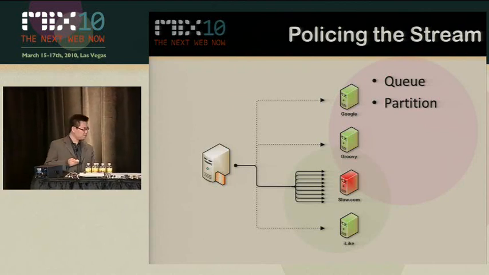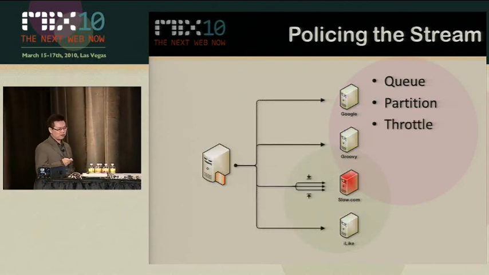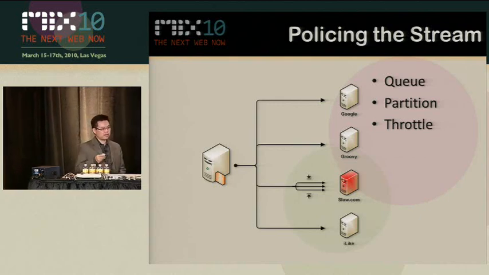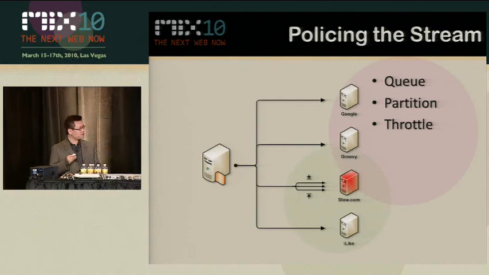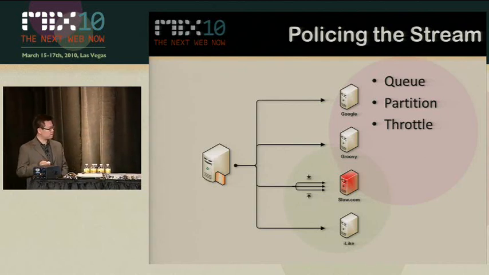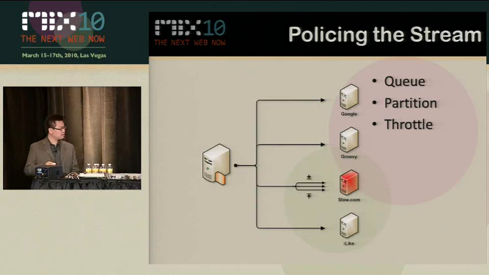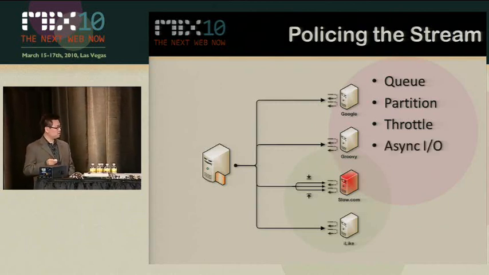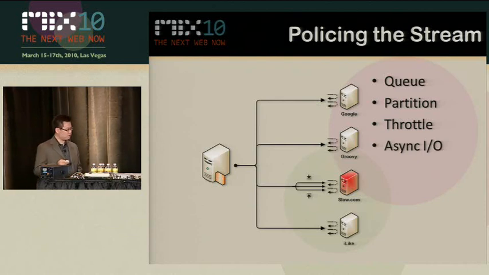And to solve that problem, we employ throttling, which basically restricts the maximum number of simultaneous connections that can be made to any given subscriber. This way, we prevent thread starvation from occurring. Another measure that we employ is that we make massive use of asynchronous I/O operations.